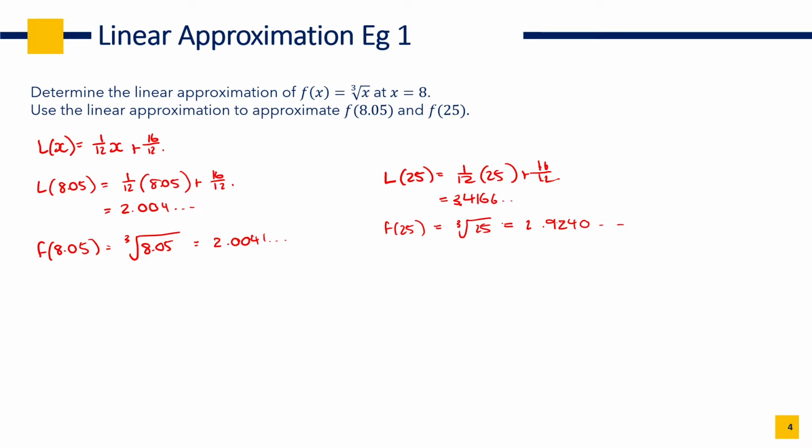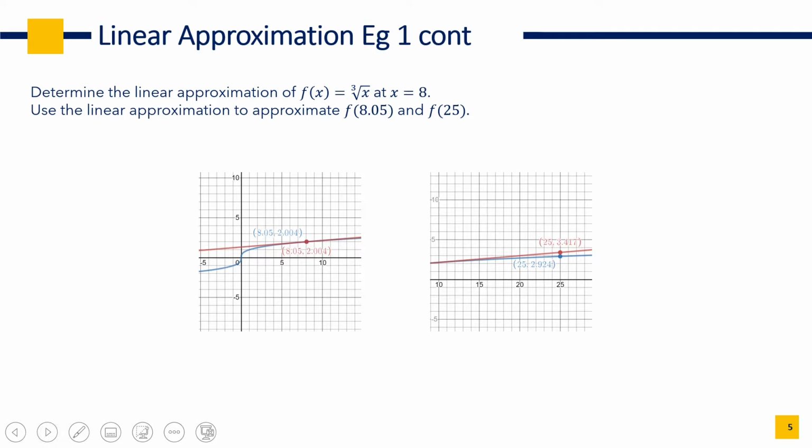And just to give you some more clarity on this, we're going to actually look at the plotted graph so you can see it visually. So if you look there, here you have the function at 8.05 and the tangent at 8.05. You can see that it's pretty close together.